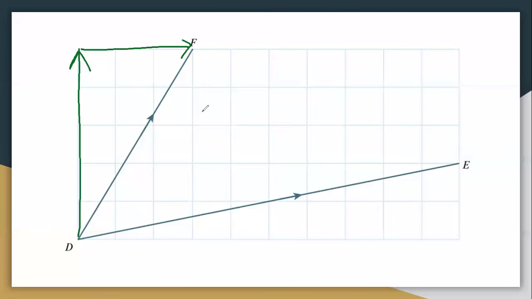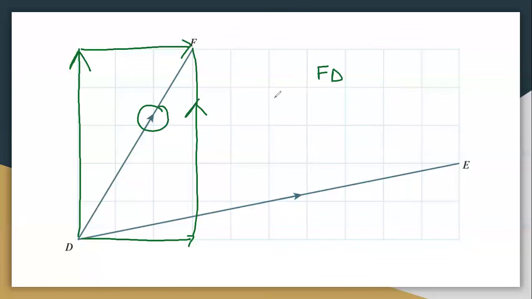Teacher, take also the other alternative. Can't I come from F to D? Now that one you have changed. Now that one is FD, and it means you are opposing the arrow. Okay, thank you, sir.